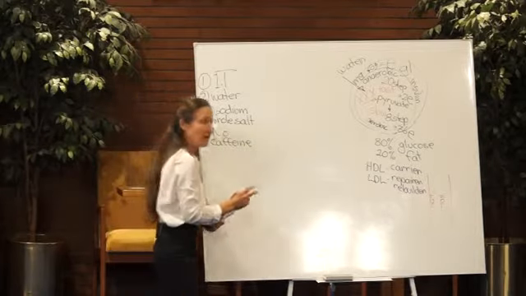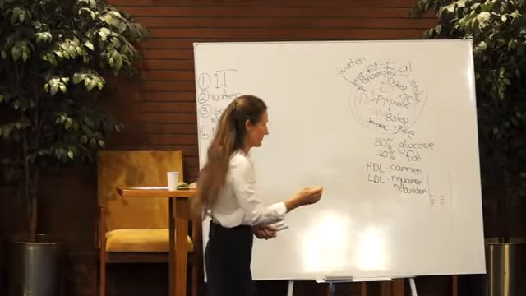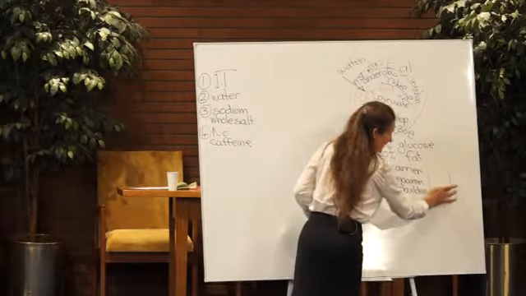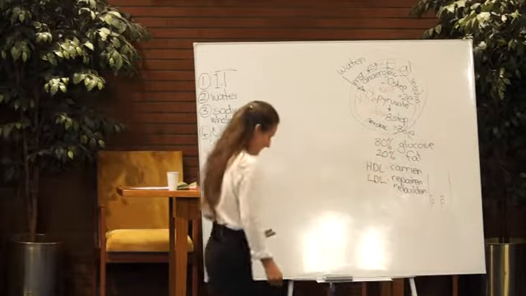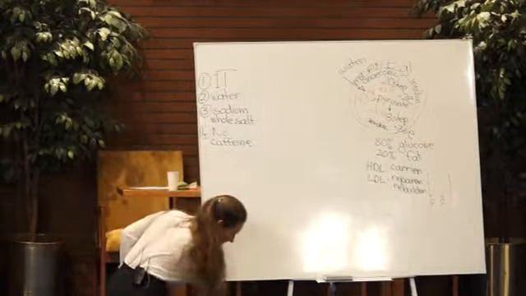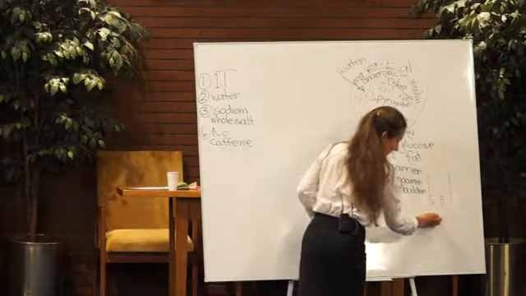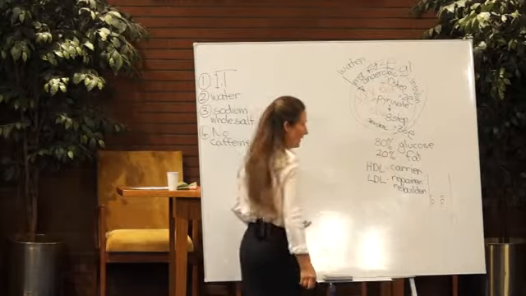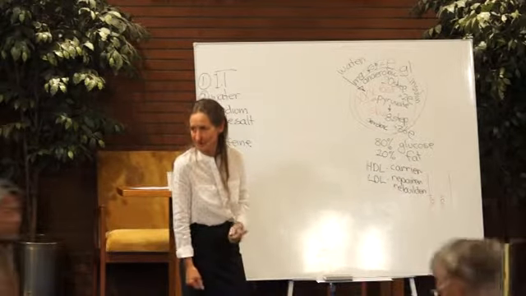Now let's say a person is a smoker, 4,000 chemicals in one cigarette, and that can cause damage in the arterial wall. The chemicals in cigarettes can cause a hole in the arterial wall. Mercury is a neurotoxin.